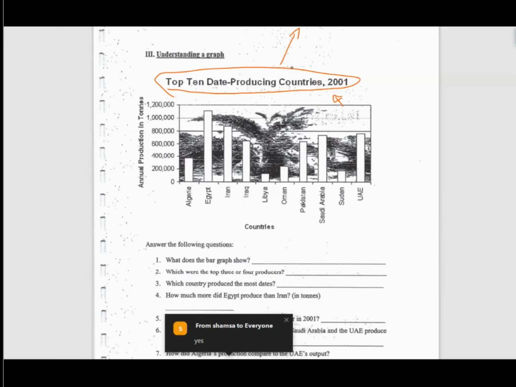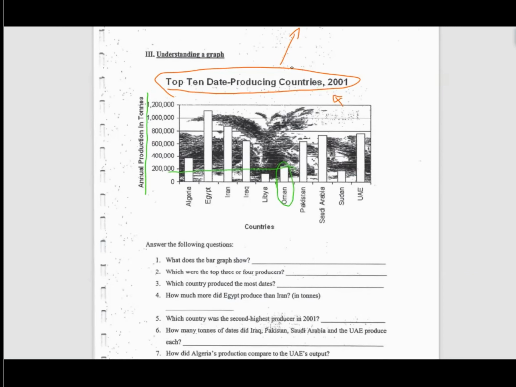Does Oman produce the highest amount of date? No, it does not. See, this is Oman. And this is the annual production in tons. So it produces about 200,000 tons in 2001, this year.